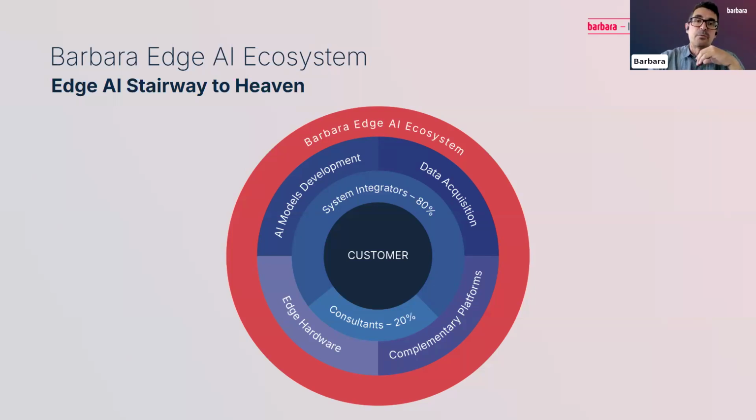We also have partners that develop AI models that you will find in our marketplace to be deployed on the edge node. Some other partners have applications to perform data acquisition. We also have others with complementary platforms that can be deployed using Barbara.